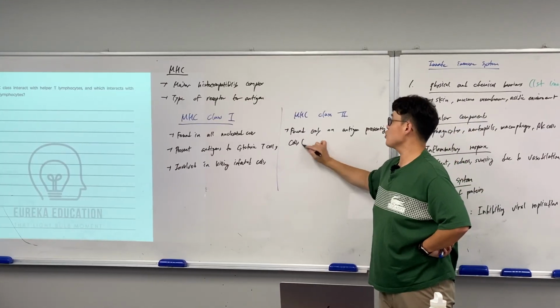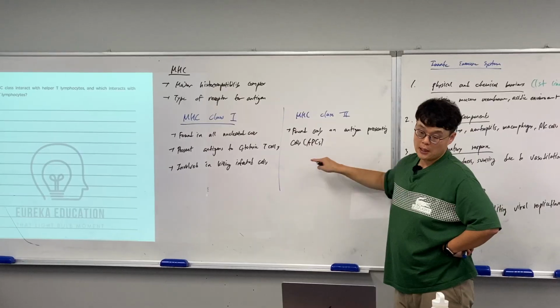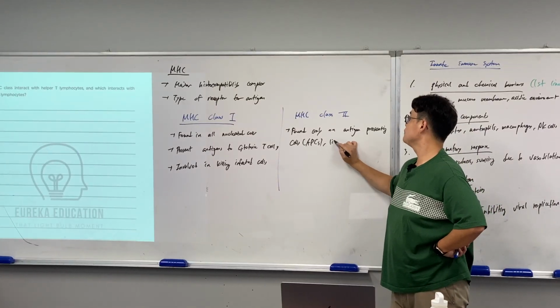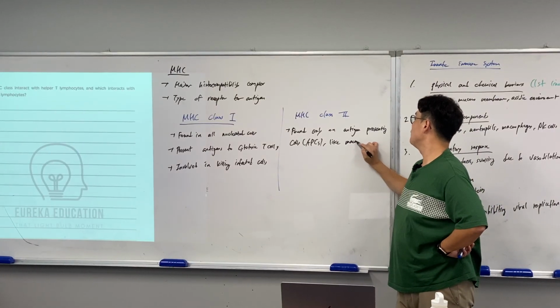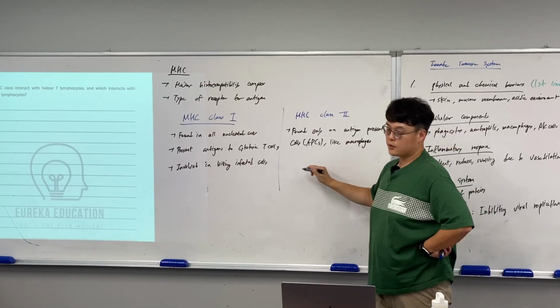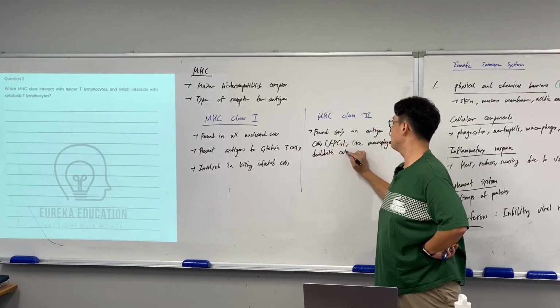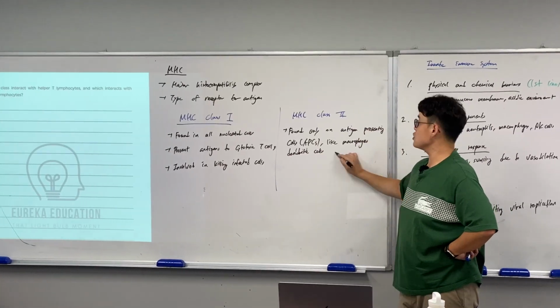This is short for APCs, antigen presenting cells, like macrophages, okay, dendritic cells, and the B cells too.